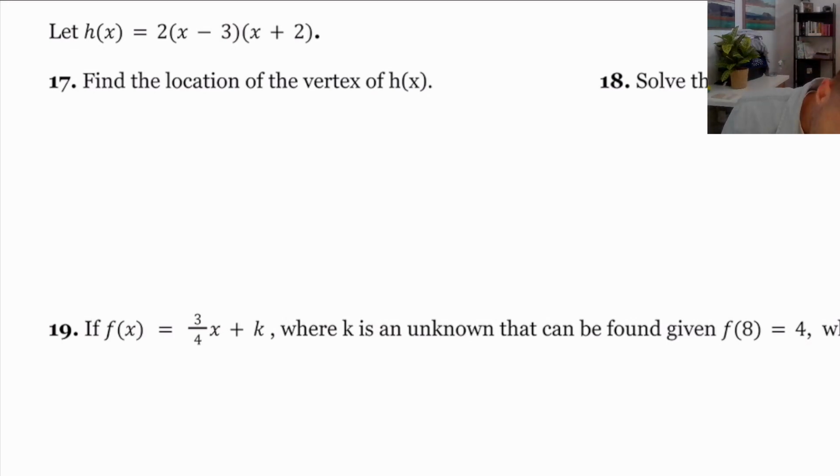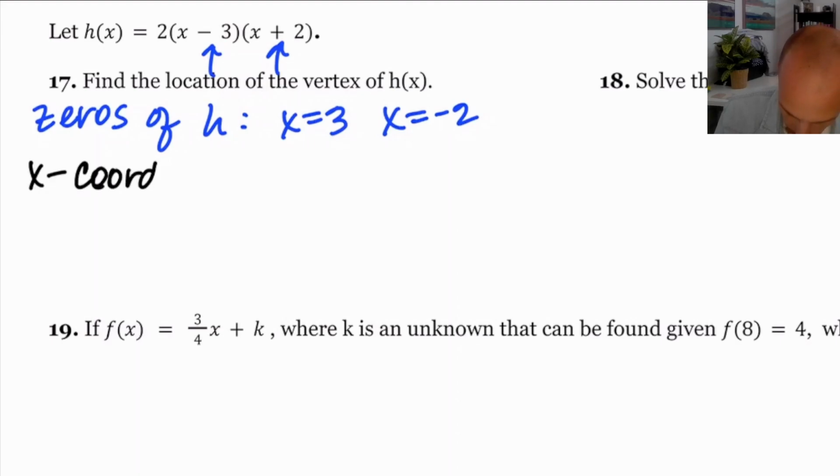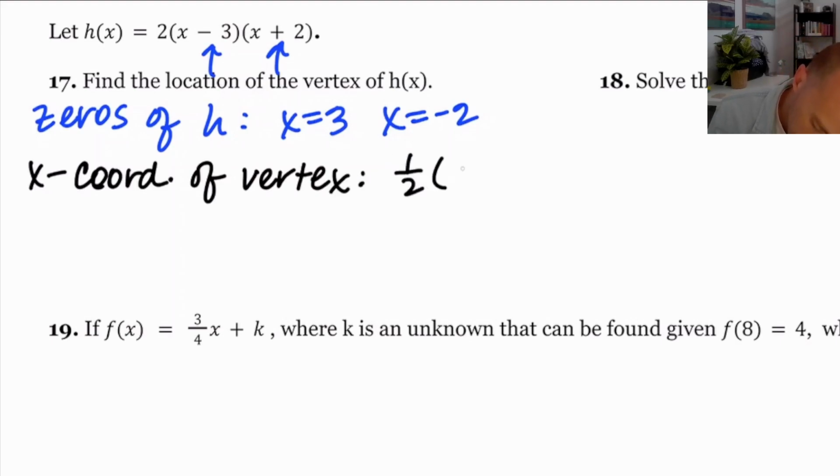So I'm going to start with the idea of the zeros of h. And that's going to be where x is equal to 3 from here, or where x is equal to -2. Then I'm going to say, all right, well, the x coordinate of the vertex is the average of 3 and negative 2.